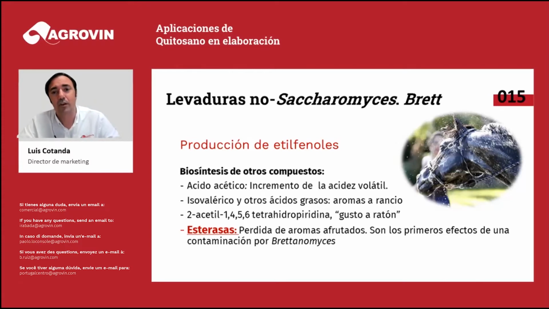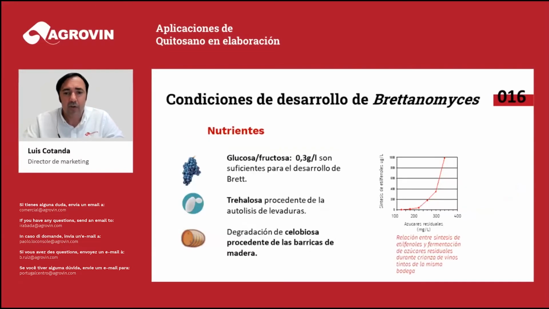And in fact, this is one of the first symptoms that can be noticed in the first phase of the wine contaminated by Brettanomyces. So the first phase would be the loss of these fruity flavors and then the production of ethyl phenols. The development of Brettanomyces is a slow one, but it is always ongoing, I mean, progressive.